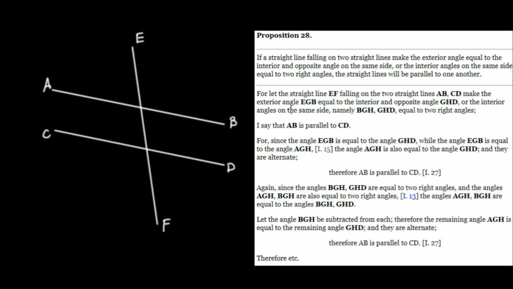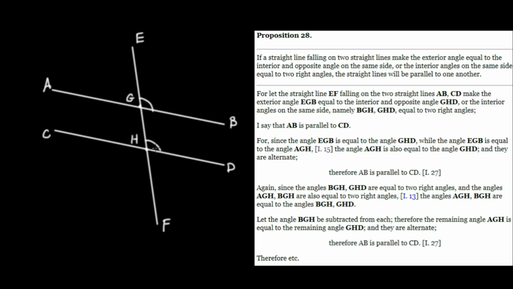Make the exterior angle EGB, and what is G? G is going to be this intersection over here. That's going to be G, and also H, as we'll see in a second, that's going to be over here. Make the exterior angle EGB equal to the interior and opposite angle GHD, which is over here. As you can see, it's interior because it's over here, and it's opposite.